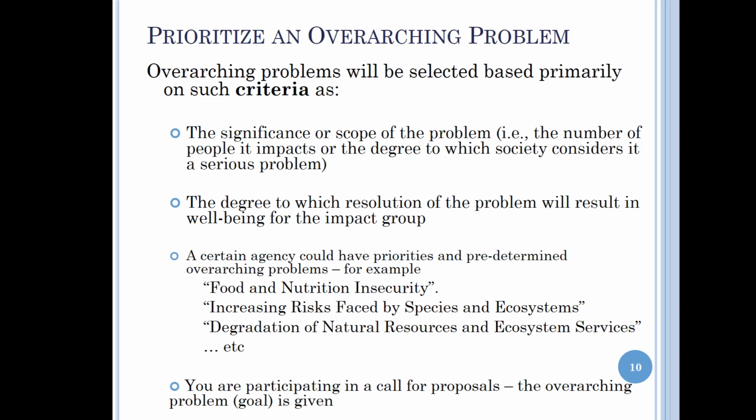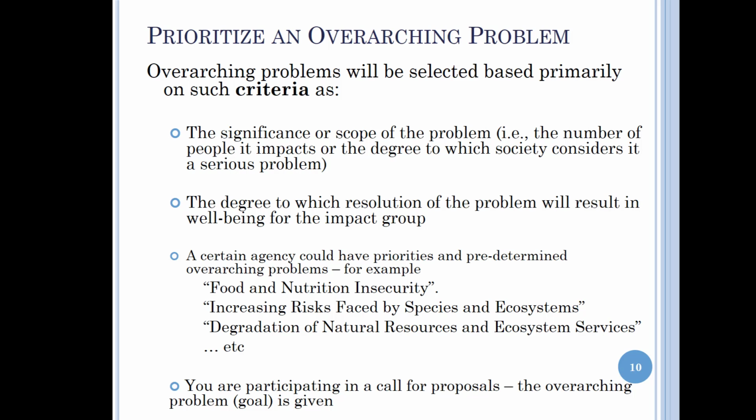Of course, if the development agency has already predetermined overarching problems to which they work towards, like food and nutrition insecurity or increased risks faced by species and ecosystems, so the overarching problem is somehow predetermined, the brainstorming with stakeholders will go more on analyzing the key problems and the underlying causes that are causing these overarching problems.